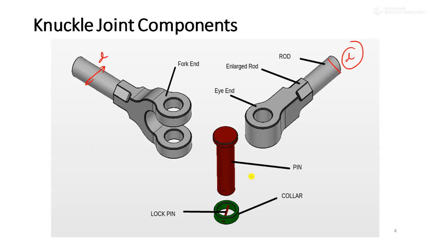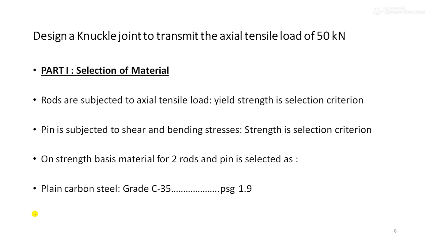Okay, and then D1, the enlarged diameter of the rod A, that is the fork end, and for the I end we have considered D2. So this you can take with respect to D only, that is by using some empirical relation. No need to go for the stress analysis. Okay, so let's move forward.